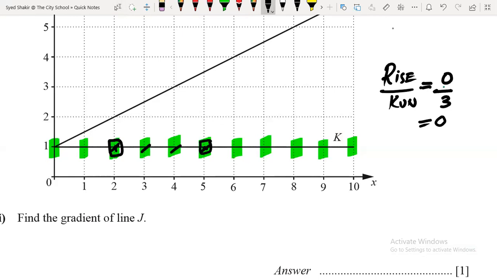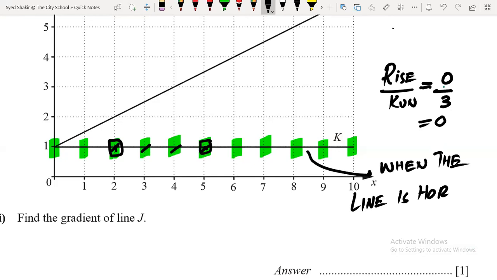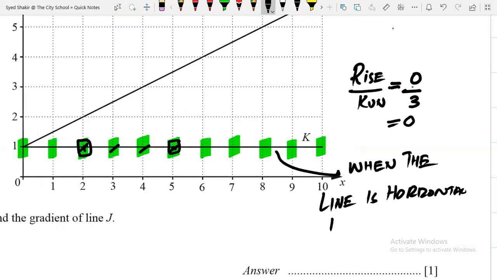So what it shows is when the line is horizontal, it has 0 gradient. So what you understand, if the line is horizontal, there isn't any slope. If a line is vertical, it has an undefined slope.